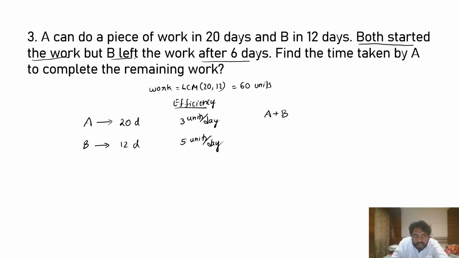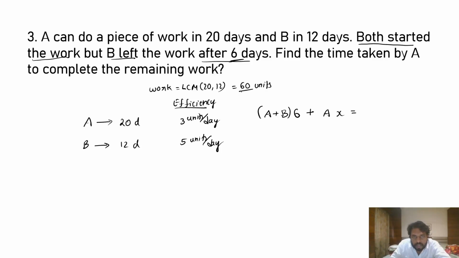Till 6 days they both are working, so the efficiency of A and B multiplied by time will give you the work done in these 6 days. So a part of the work is done. And the total work is not completed. B left. Now who is working? A alone is working. He worked for some X days, and the work is completed.